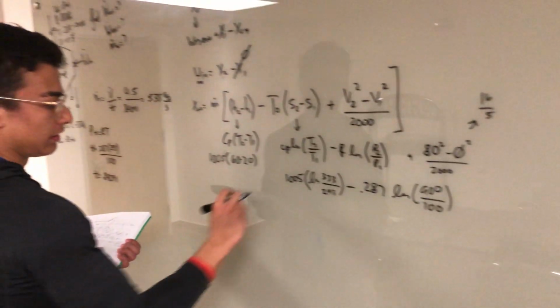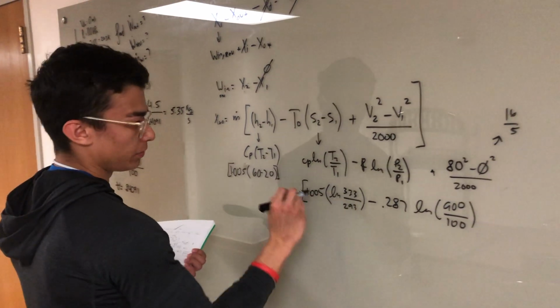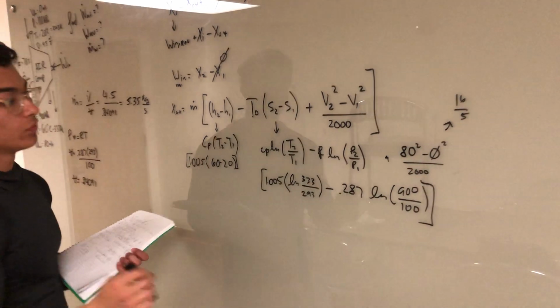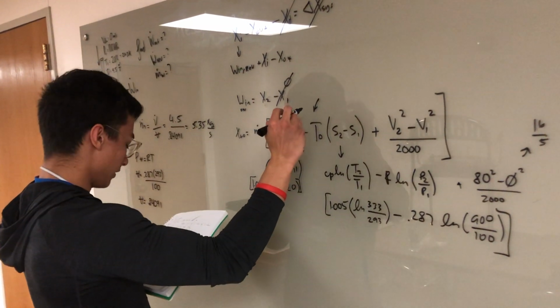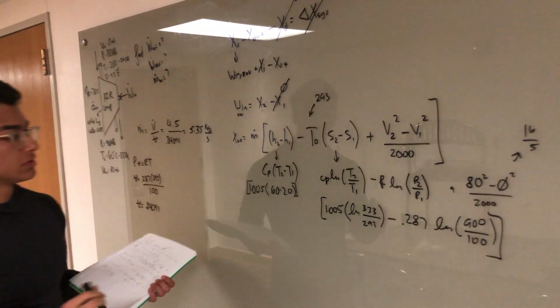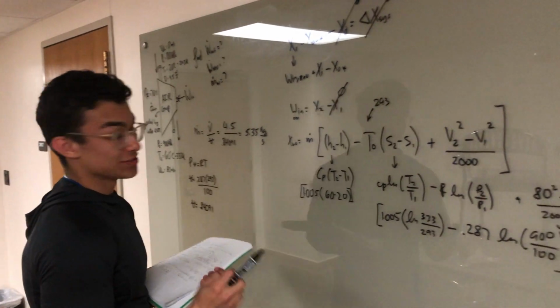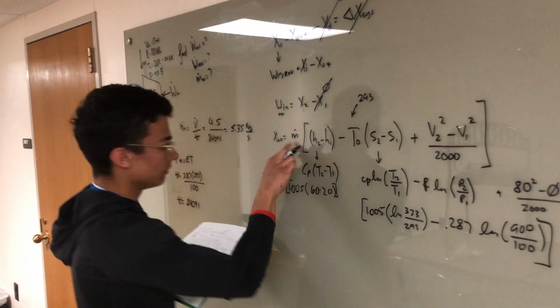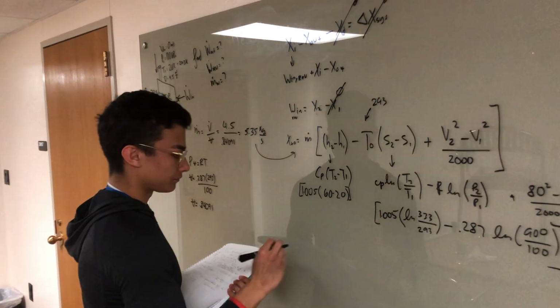So now that we're done getting all these terms and just plugging in numbers, you have to be very careful when you plug it into your calculator. And let me make sure you guys know that this is 293. So once you plug all of this into your calculator without making any mistakes, hopefully you'll get the same result that I did, noting that the m dot we got was 5.35.